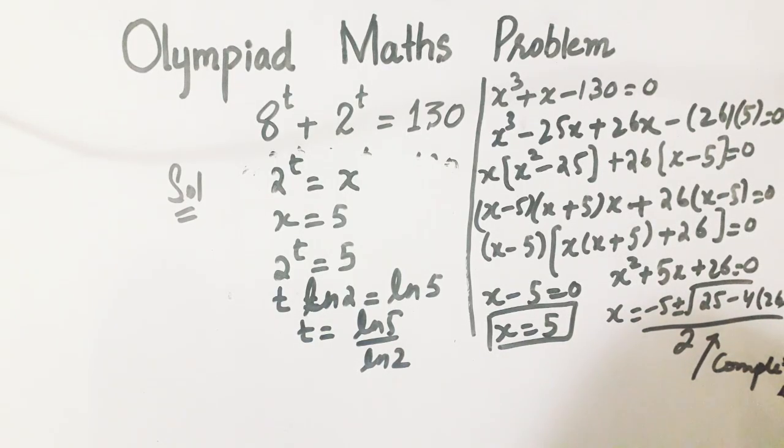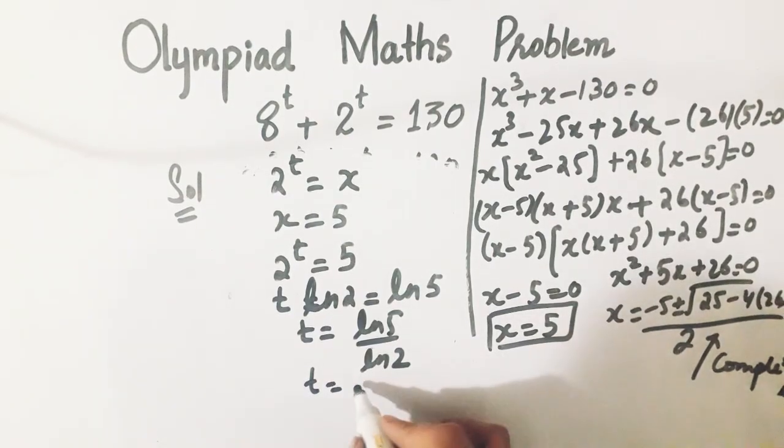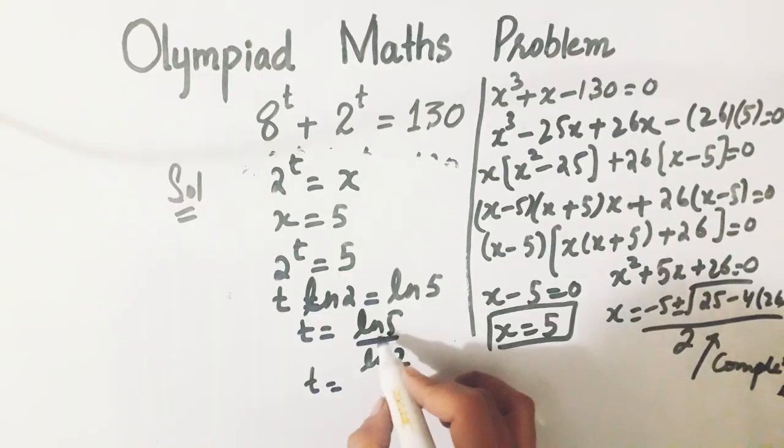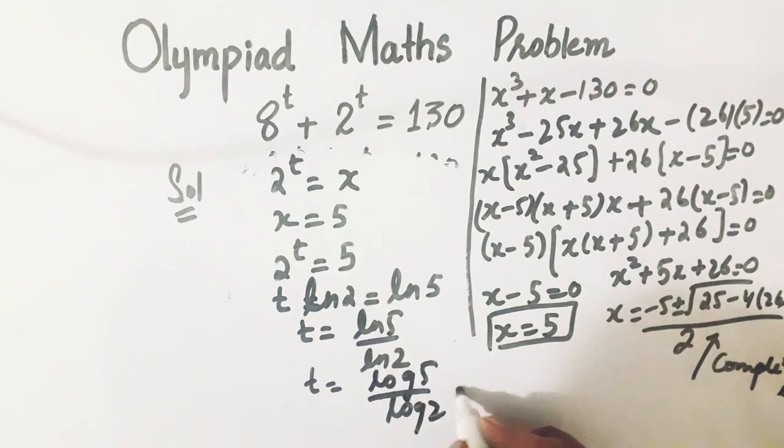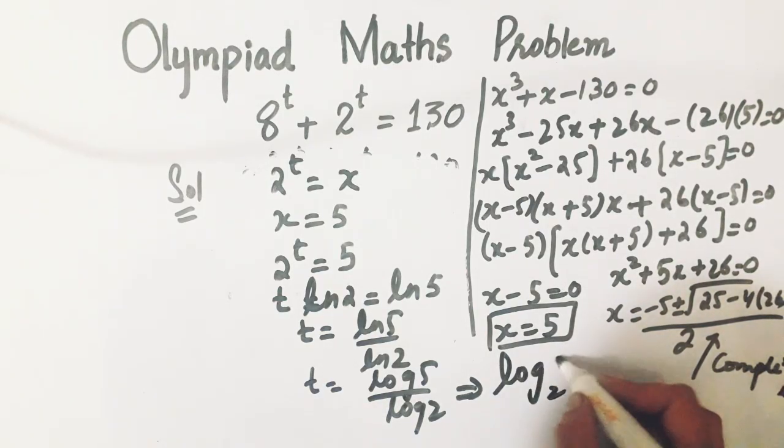By the change of base rule, this can be written in the form of log also: log of 5 by log of 2, which is log base 2 of 5.